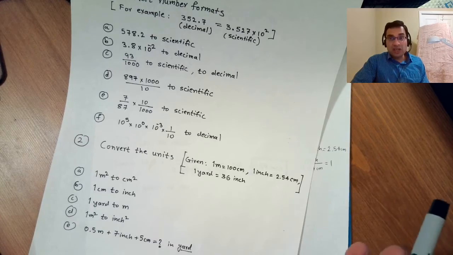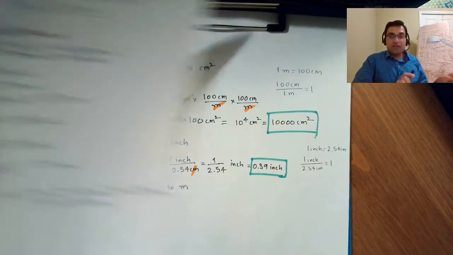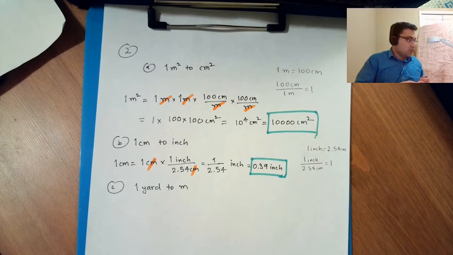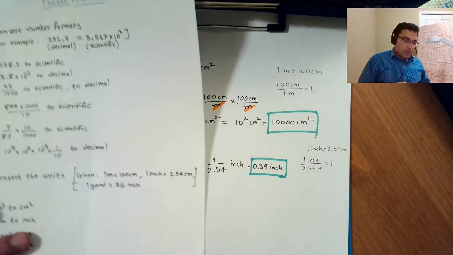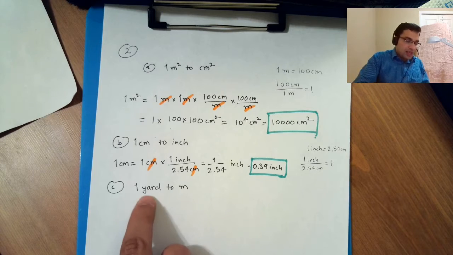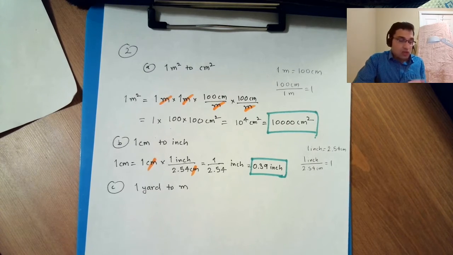Can I use that chain? You can use a chain. Yeah, let's do that. That is actually the point of this problem, to show how that chain works. I need something that gets rid of yard and gets me meter. So how can I get rid of yard first?